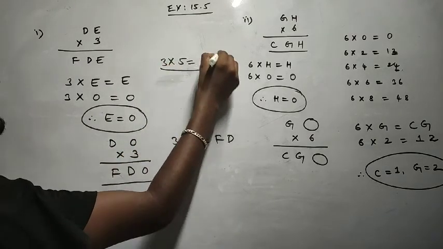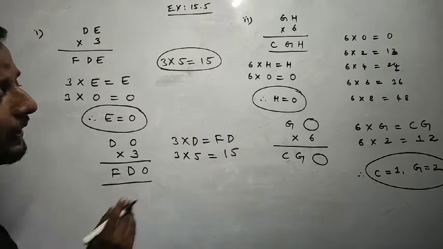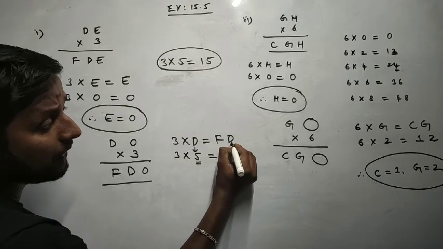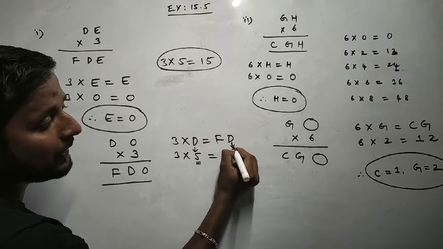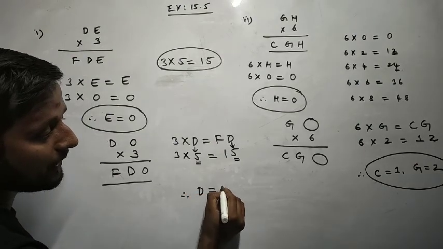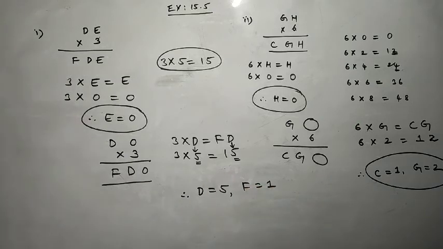So only one chance, 3 fives are 15. Why should I take only 15? Because look at the D place, I have taken 5, and wherever we get a D, there also I got 5 only. Therefore D value is 5 and F value is 1. Correct? Right, beta. Next, fourth part, the first problem.